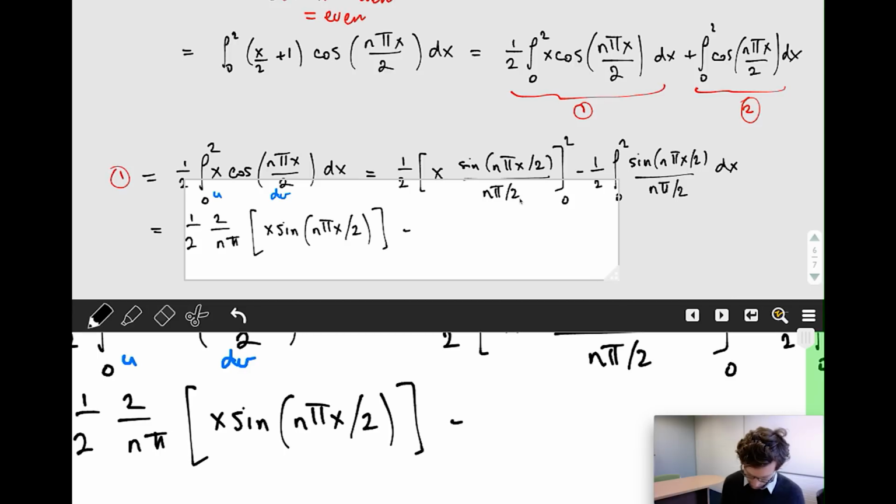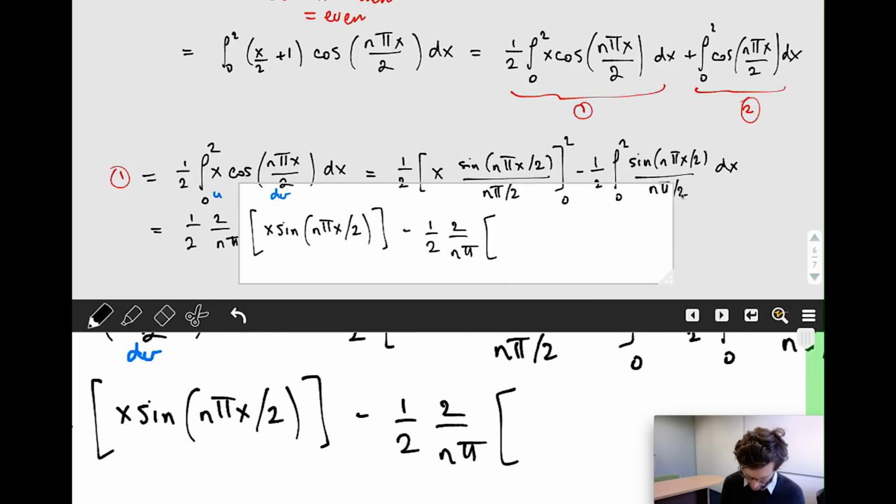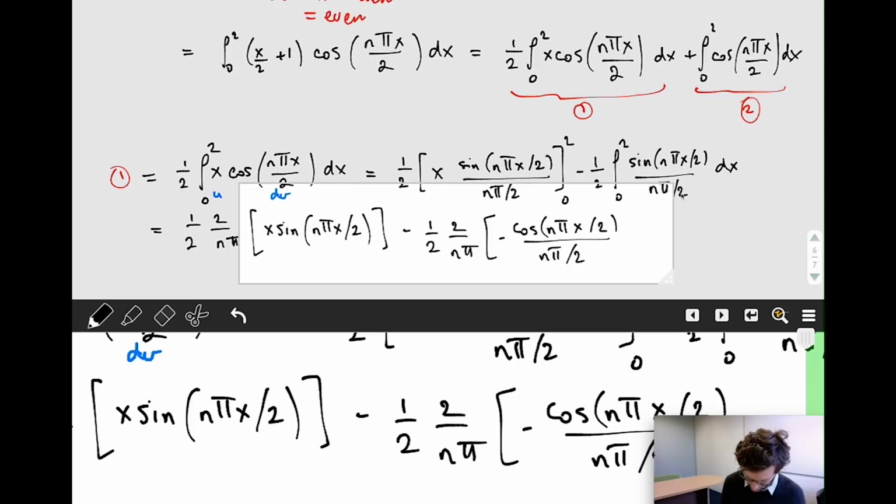Minus, again, I can take out the factor of n pi over 2 on the bottom. I've got the integral of sine, which is going to give me minus cosine n pi x divided by 2, all divided by n pi divided by 2, from 0 to 2.